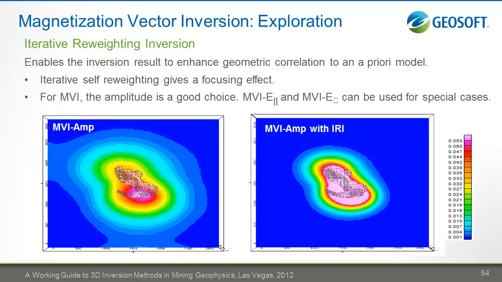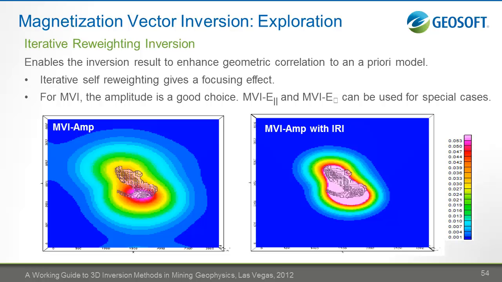Now, I should say that when I refer to susceptibility associated with the magnetization vector inversion amplitude, what I'm really talking about is the amplitude of the magnetization vector scaled by the inducing magnetic field amplitude.